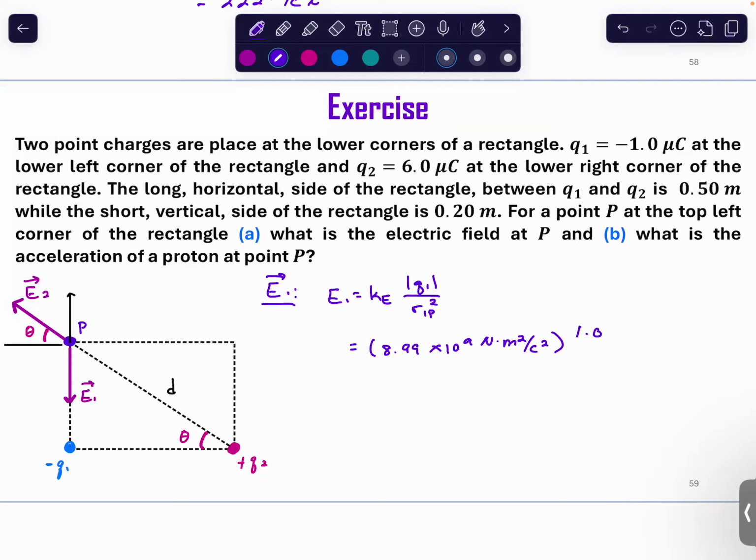The magnitude of negative 1 microcoulombs, so that's 1 times 10 to the negative 6 coulombs over 0.20 meters squared.